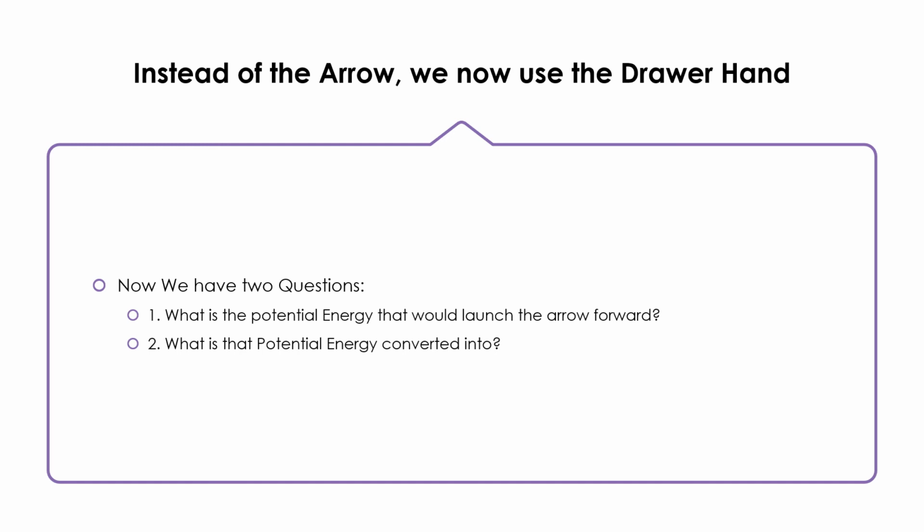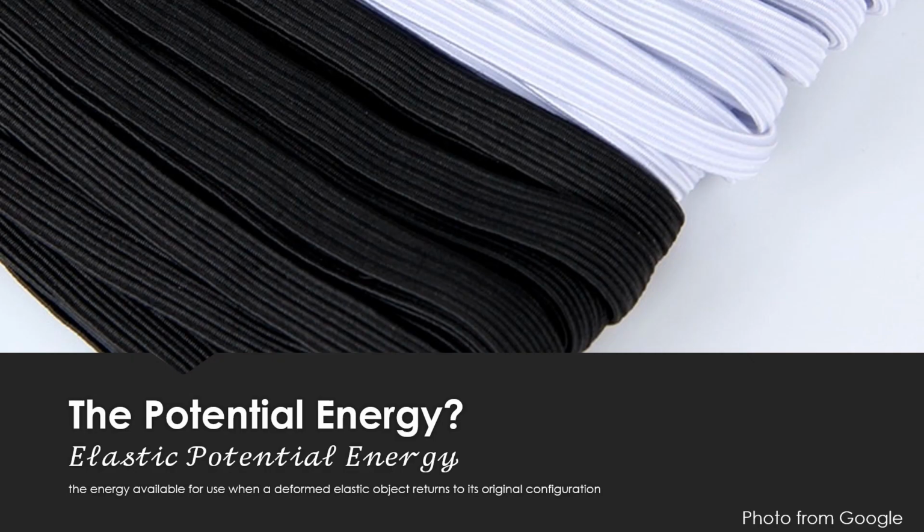Now we have the diagrams all sorted away, and we know which one we're choosing, we have two questions. What is the potential energy that would launch the arrow forward, and what is that potential energy converted into? The answer is that the potential energy would be elastic potential energy.